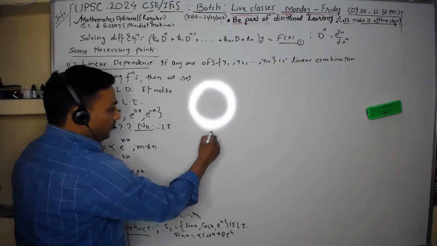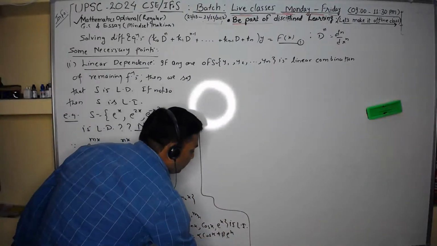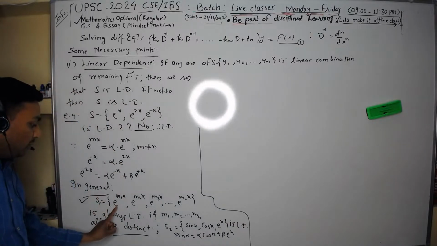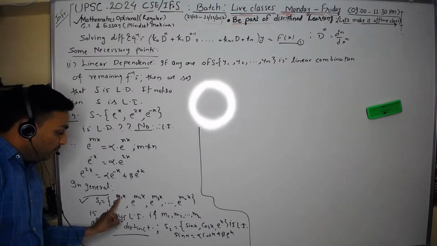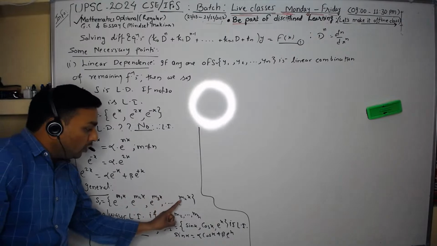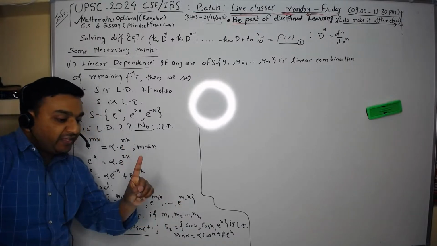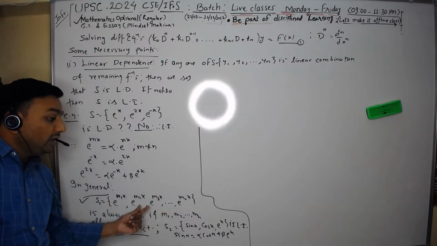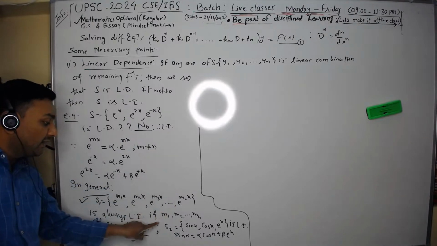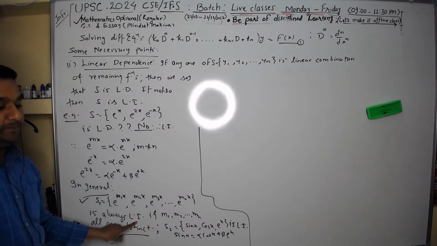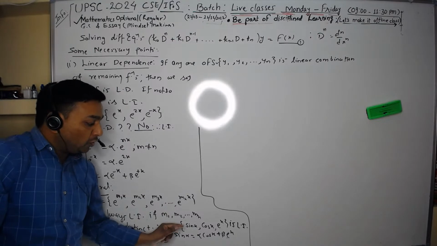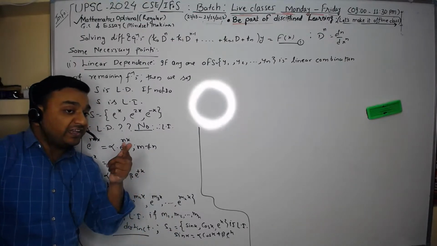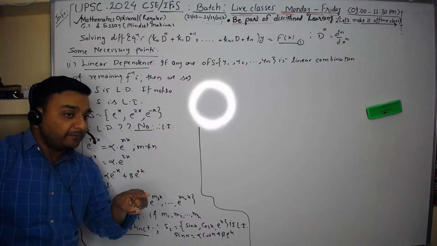Moreover, I would like to tell you some points. In the case of exponentials, if the powers are not equal, then those functions will always be linearly independent. Sin x and cos x are always linearly independent.